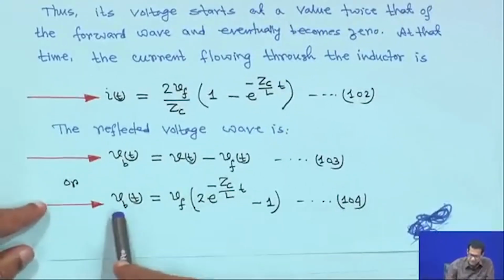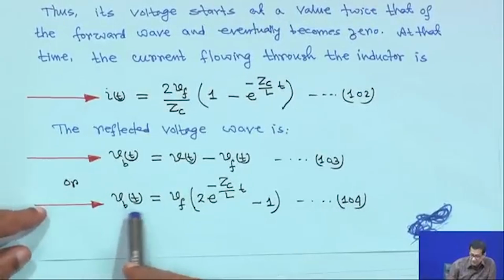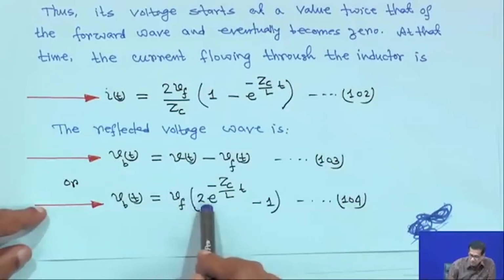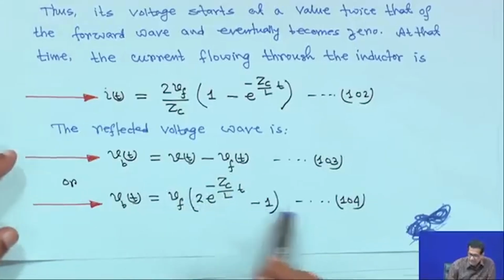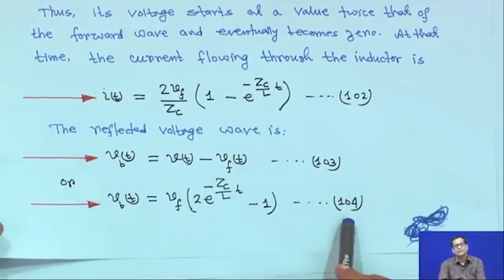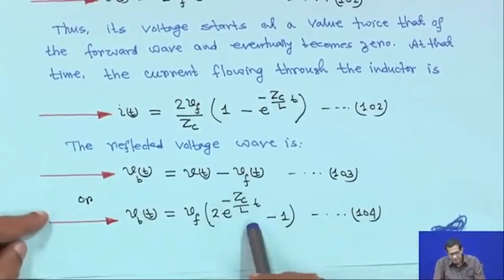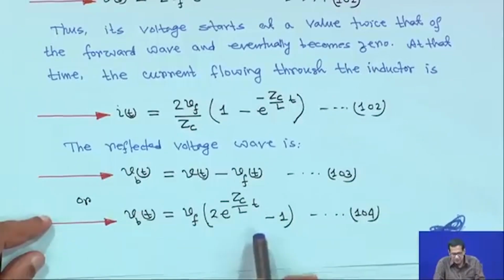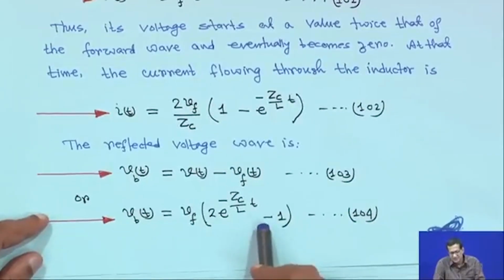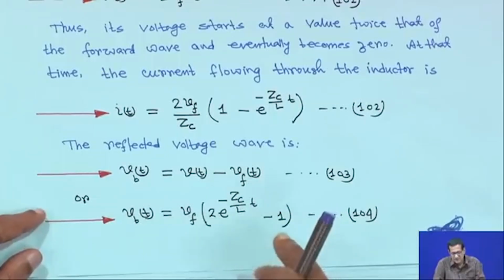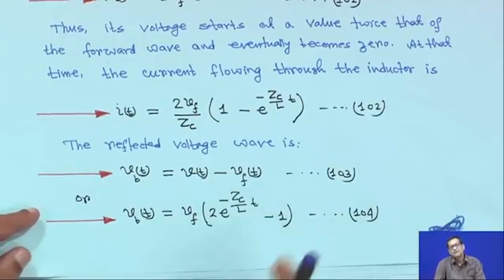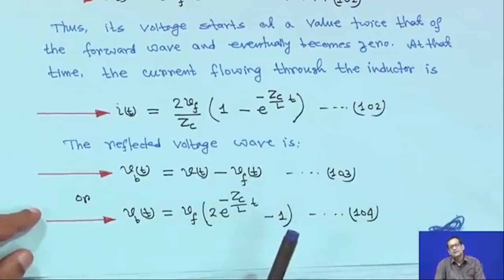If you substitute, then the reflected wave V_b(t) will be V_f into 2 e to the power minus Z_c upon L t minus 1, this is equation 104. So, this is the case when the line is terminated in a purely inductive circuit.